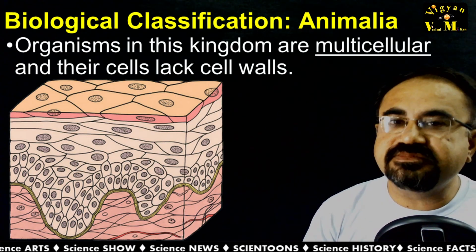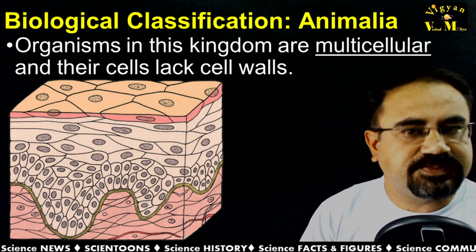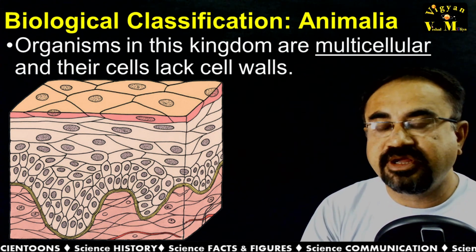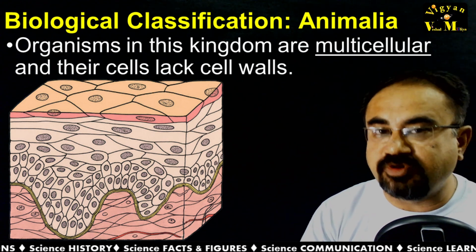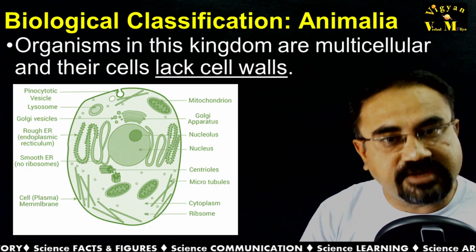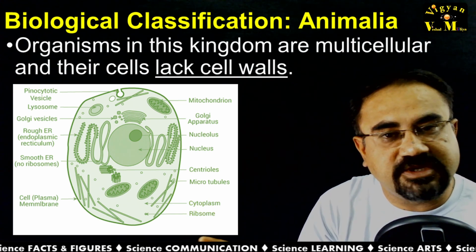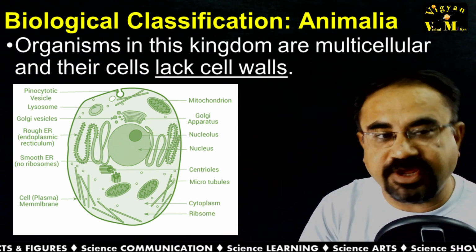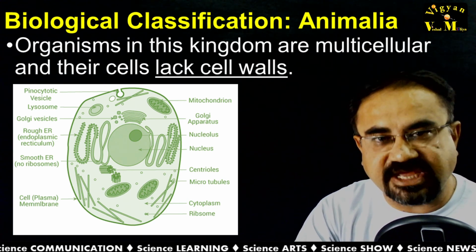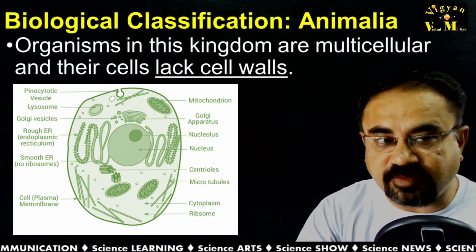The organisms belonging to this kingdom are generally multicellular in nature, and there is no cell wall, so they lack a cell wall. A cell wall is present in the plant kingdom, we know very well, but the animal kingdom is characterized by cells lacking a cell wall.